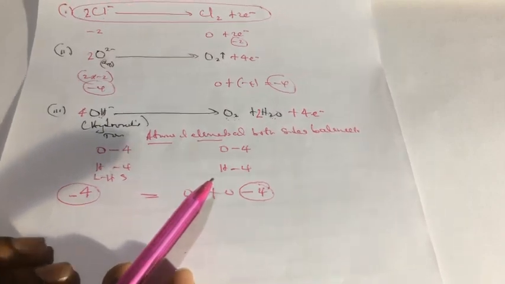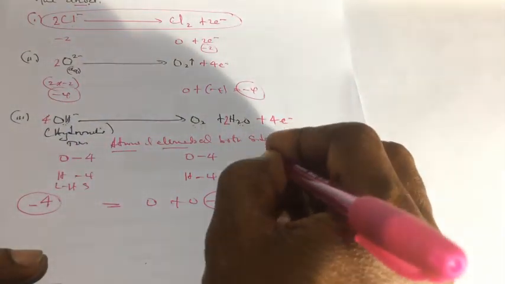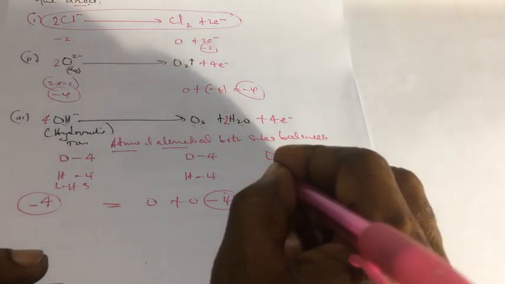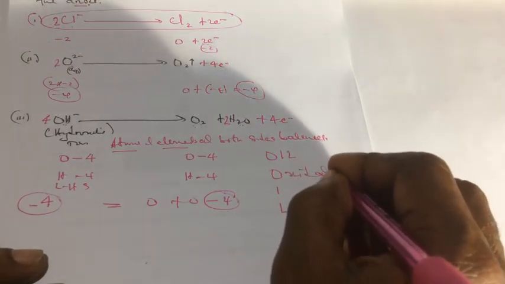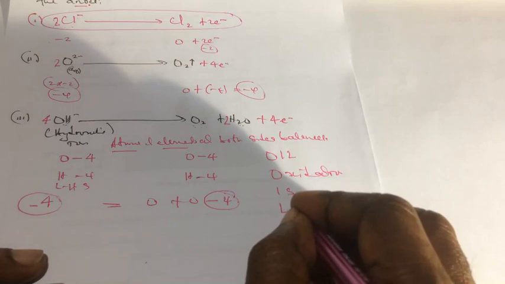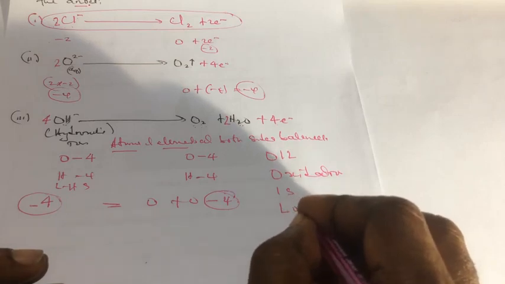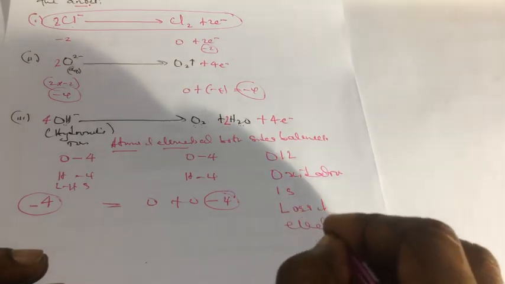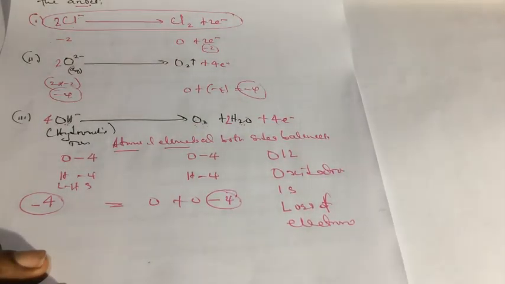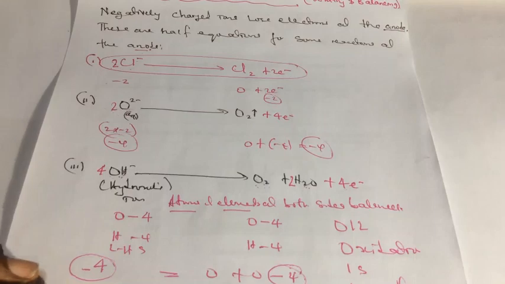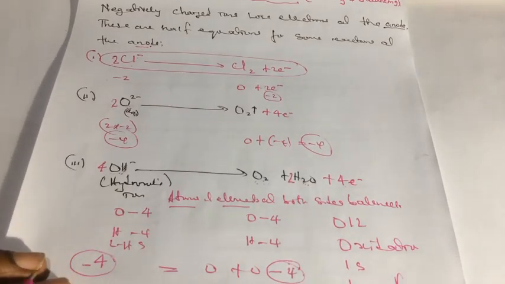And electron loss, if you look at the acronym OIL, oxidation is loss of electrons. So electron loss is oxidation.